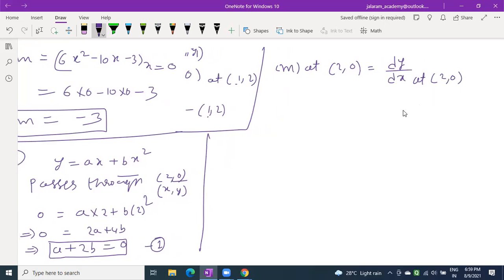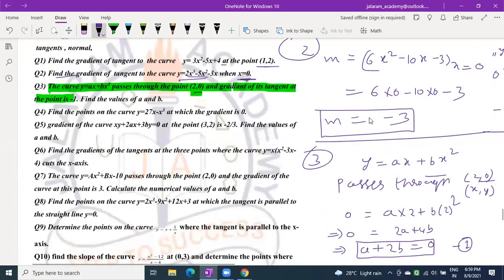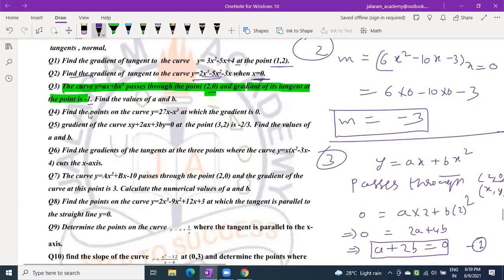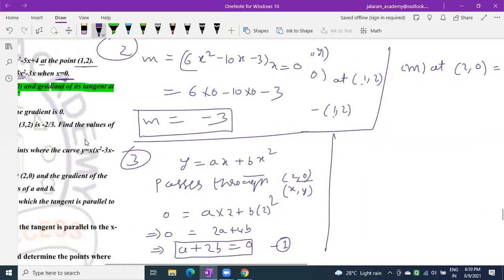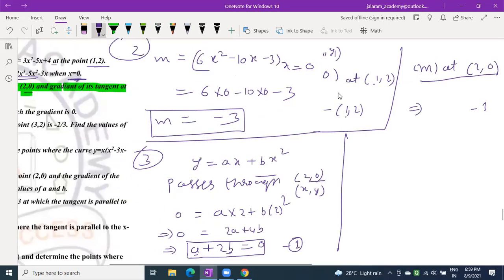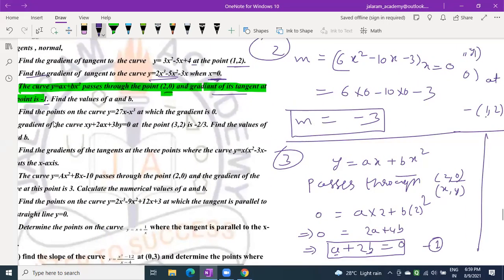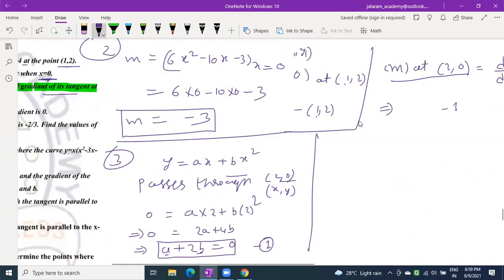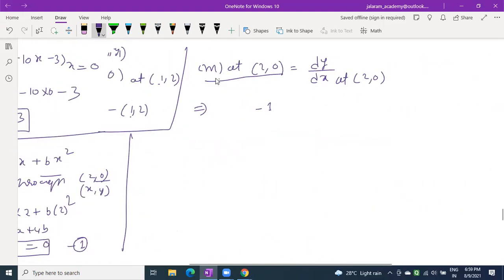Now you will ask why we are finding it when it is already given as minus 1. This is to make the second equation in terms of a and b. Then we will solve them simultaneously. Slope at 2, 0 is given as minus 1. So in place of slope at 2, 0, we write minus 1 as it is already given.